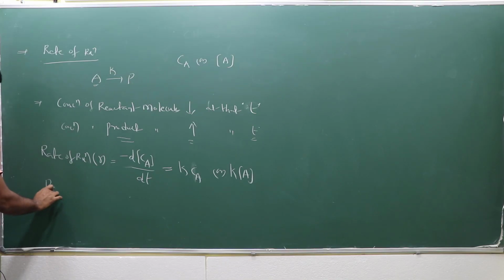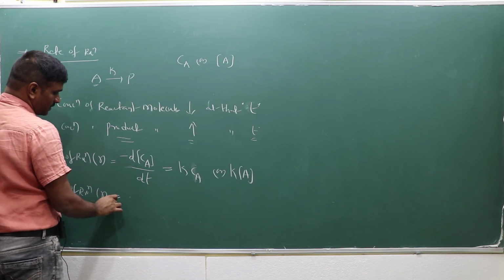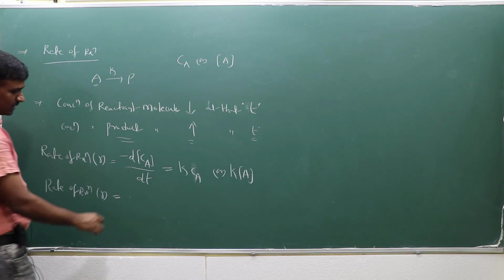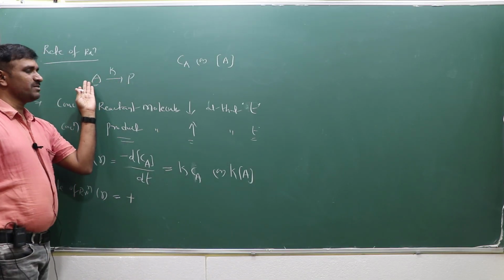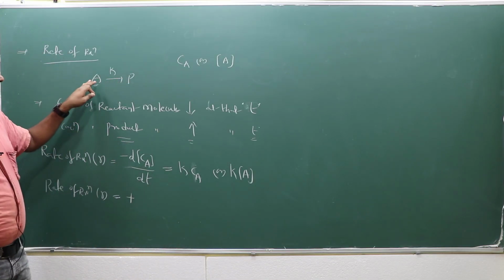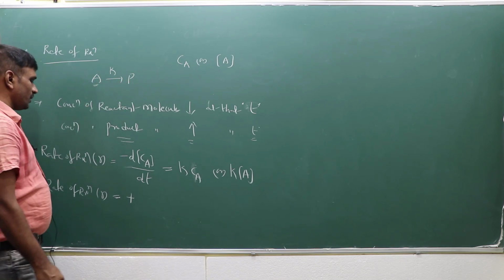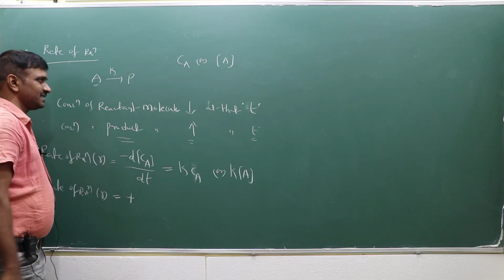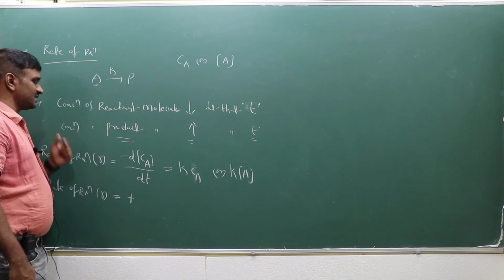So the rate of reaction with respect to the product: the concentration of the product molecule increases while time goes on. The reactant concentration decreases and the product concentration increases, naturally, so a plus sign is shown.